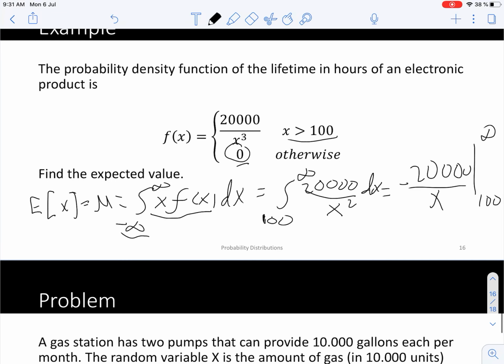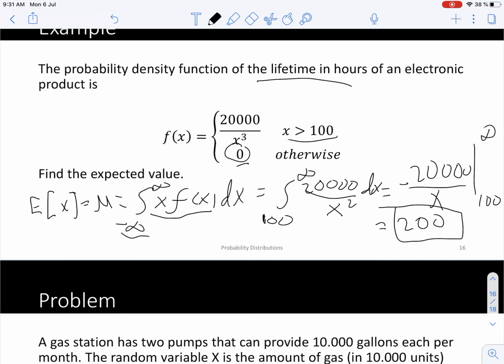So if we evaluate the function, you will get that the expected value is equal to 200. So that means that the expected lifetime in hours of the electronic product is equal to 200 hours.